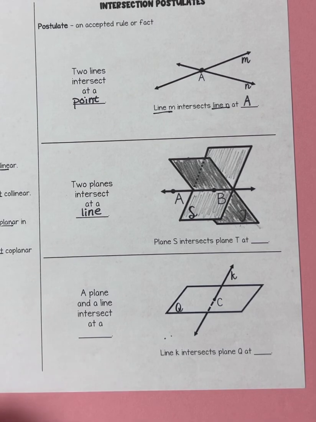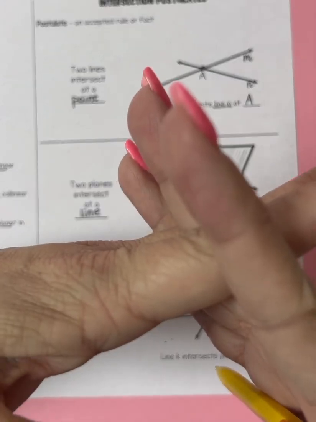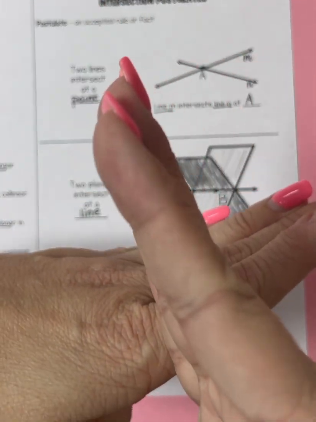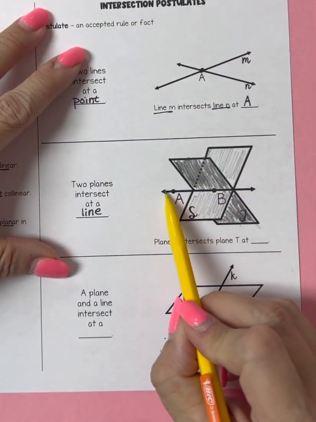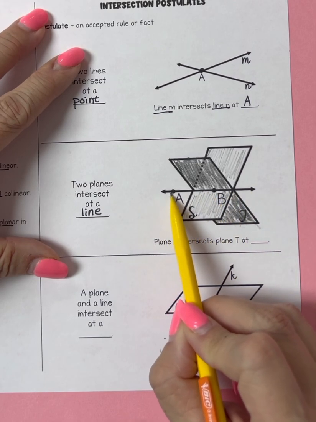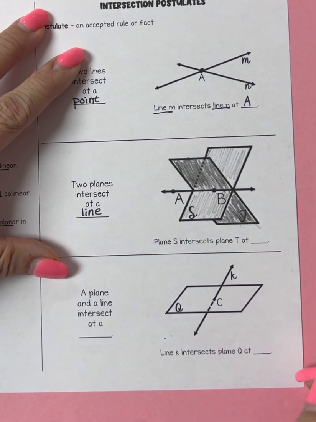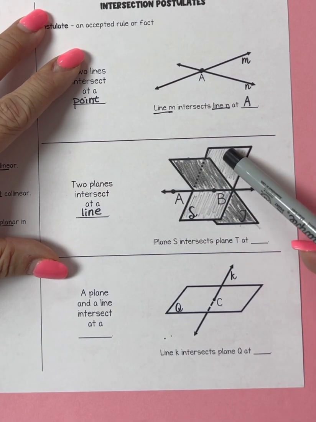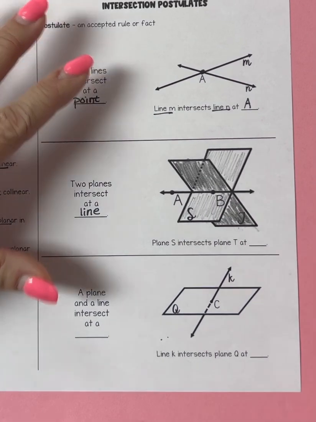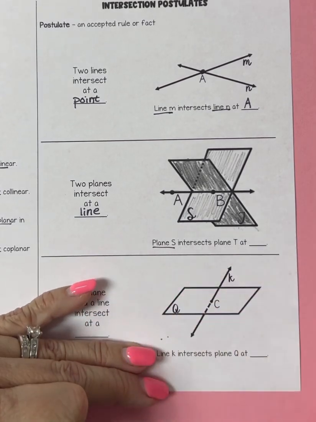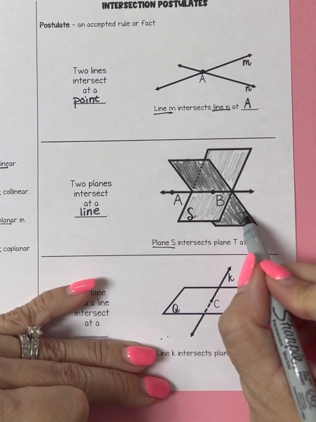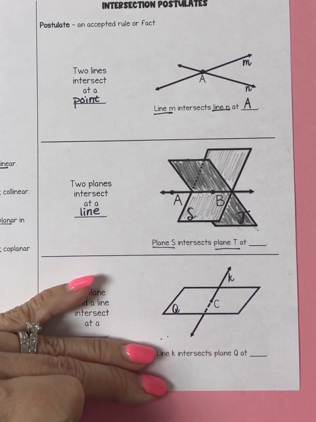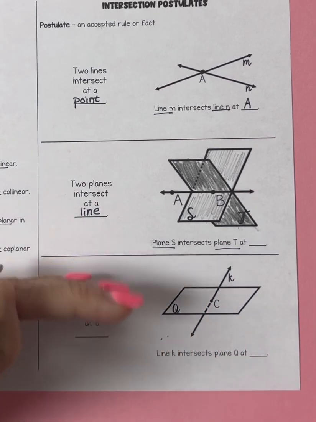Okay, and the place that they intersect, kind of like this, I can't slice my hands up, but they intersect right here. The place where they intersect is a line. So plane S, that's the light colored plane, intersects plane T, oh, I thought it was J. Plane T, I guess we'll call it plane T, at, and we have to call it a line.